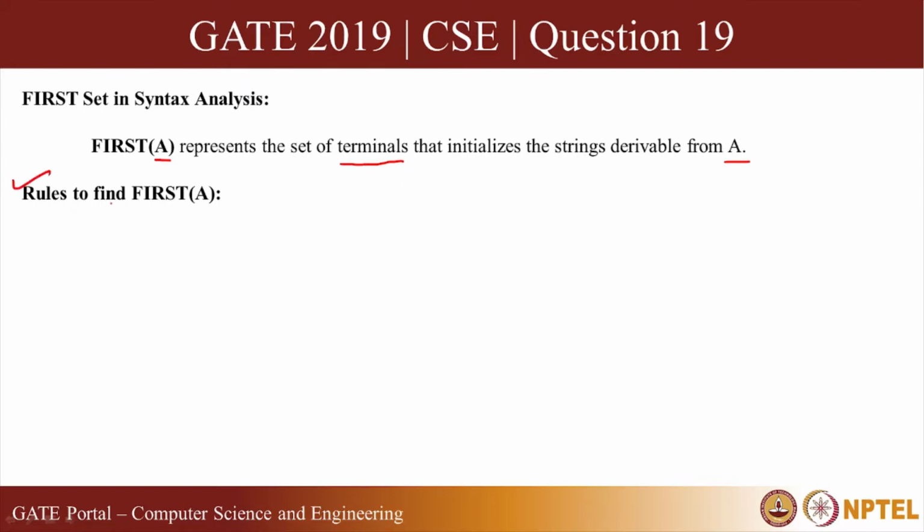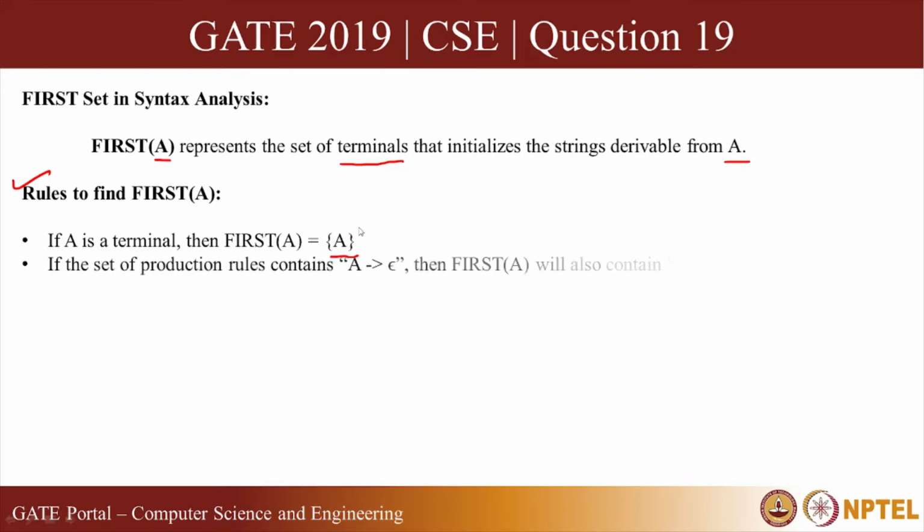So the rules to find the first of A. The basic rule is that if A is a terminal, then first of A will carry A itself. The next rule is that if the production rules contain A goes to null, then first of A will also contain null.